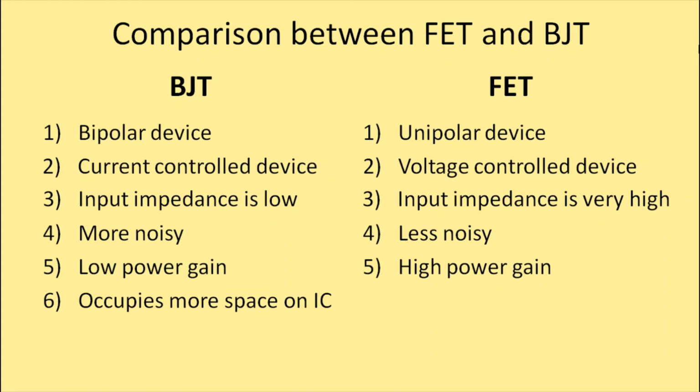Also, BJT occupies more space on IC during the fabrication process, whereas FET occupies comparatively less space on IC during fabrication. These are some of the differences that I have jotted down between BJT and FET. You can of course find a few more.